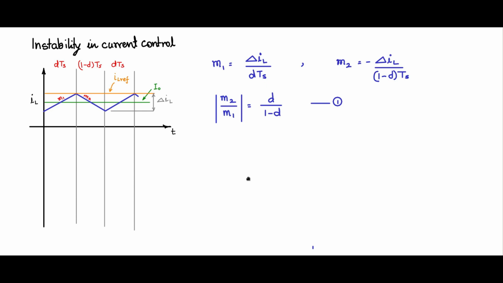Now let us look at M2 by M1 from a different perspective. So let me draw the inductor current waveform once again. Inductor current IL, and this is IL reference. Let me draw the M1 slope part of the current waveform, and then this is the M2 slope part of the current waveform. I'm just going to draw for one cycle.